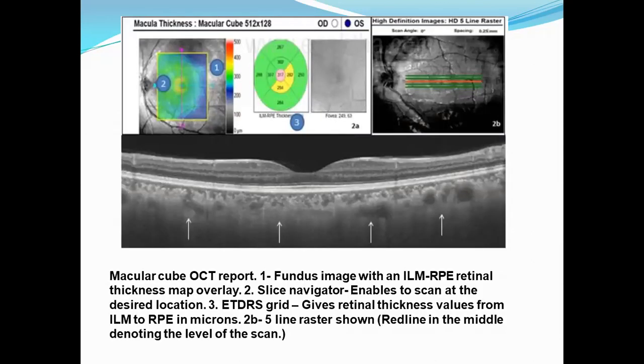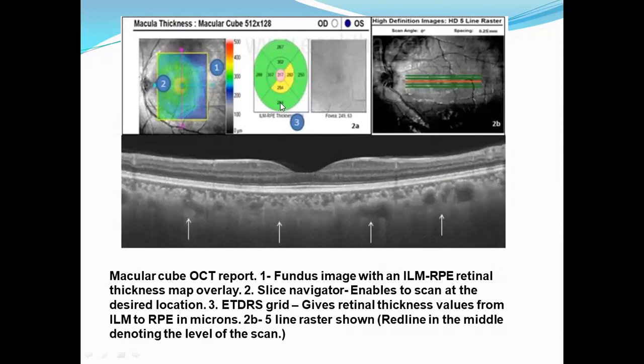Then this is an OCT report. It is a macular cube OCT report where on the left side, it shows a fundus image with a superimposed retinal thickness map. So this is the retinal thickness map overlay. Then you have a slice navigator, this number 2. This can be moved up, down, right, left in order to see the particular lesion of interest. Then we go to the ETDRS grid.